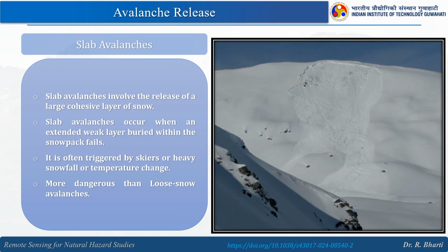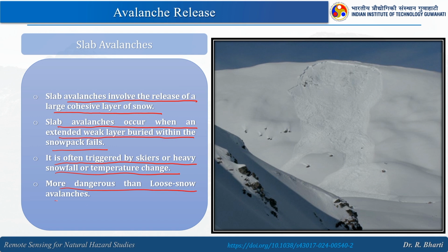Then we have the slab avalanche. It involves the release of a large cohesive layer of snow. A slab avalanche occurs when an extended weak layer buried within the snowpack fails. It is often triggered by skiers or heavy snowfall or temperature change, and is more dangerous than the loose snow avalanche.